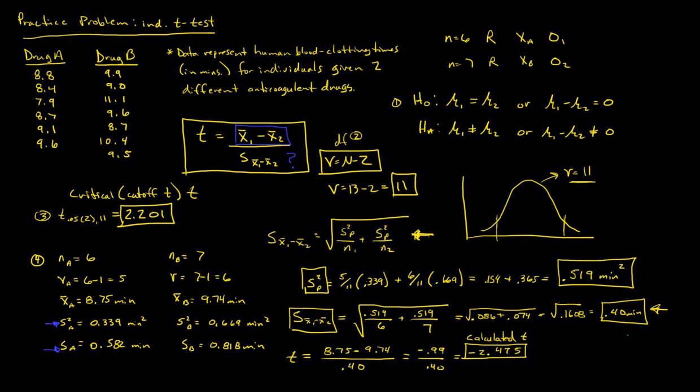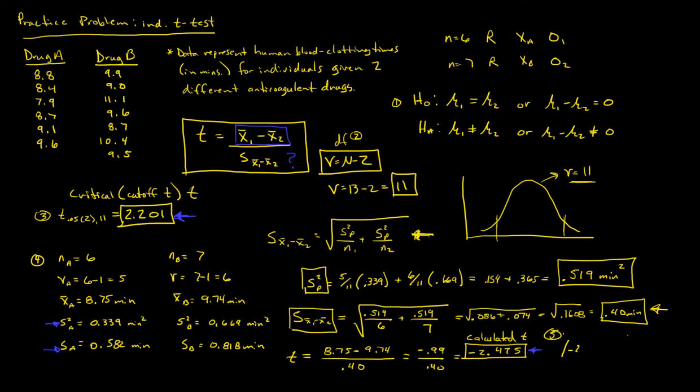Let me go back to blue real quick. Right here is critical t, or our cutoff t. This is calculated t. So at the end of the day, we now need to make a decision. So I'll call this 5. And what is our decision?